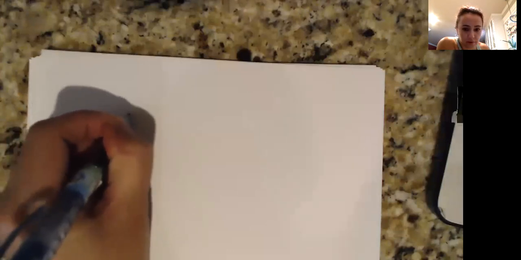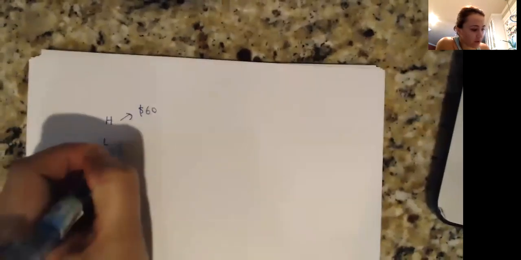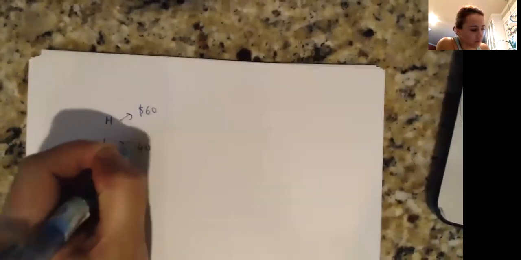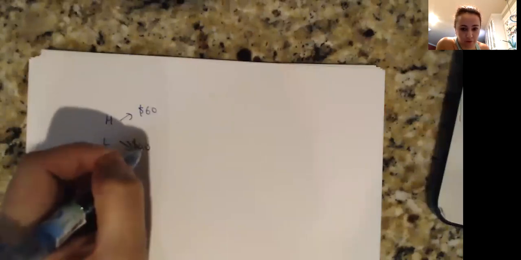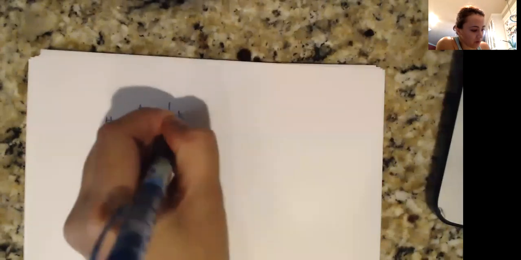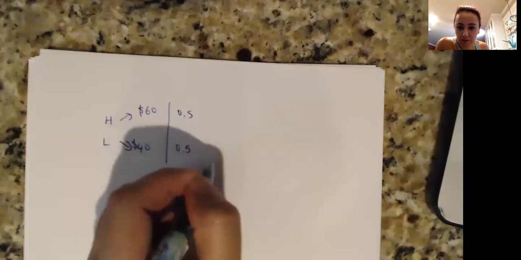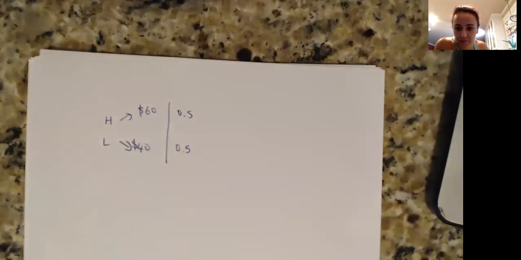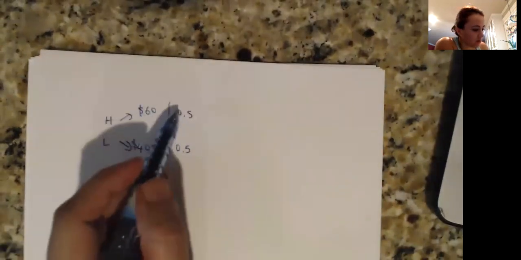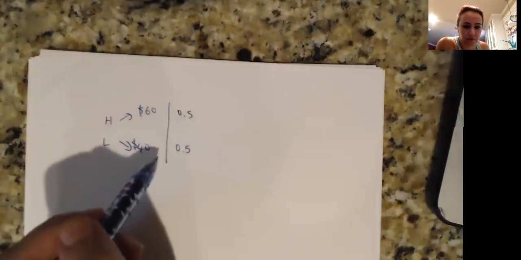High productivity workers produce $60 worth of goods, and low productivity workers produce $40 worth of goods per hour. The company knows that 50% of the workers are high productivity and the remaining 50% are low productivity. So the company does not know who is high productivity and who is low productivity.